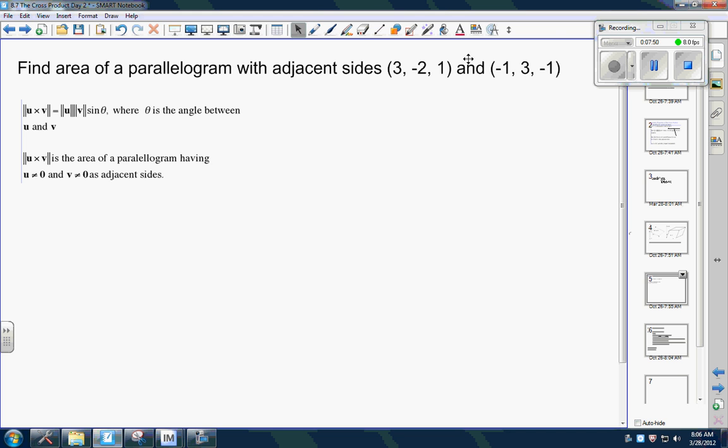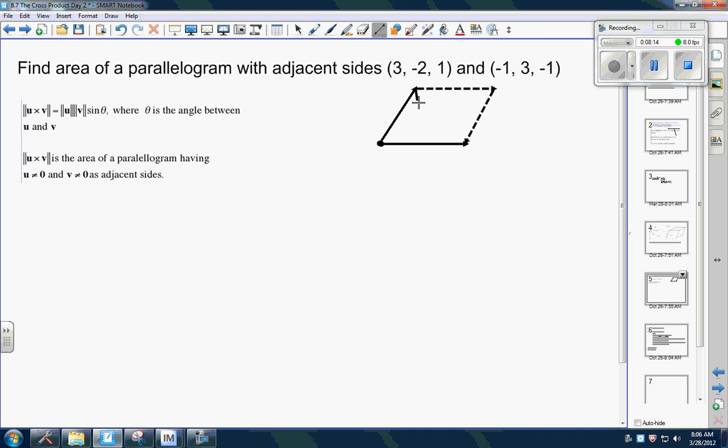Now, if we know these are the adjacent sides, they're going to form something like this, something like this, and create a parallelogram. So we can assume it comes out like this and something like that to make a full parallelogram. But we're only given those vectors that are solid there. That's enough to find the area of that.